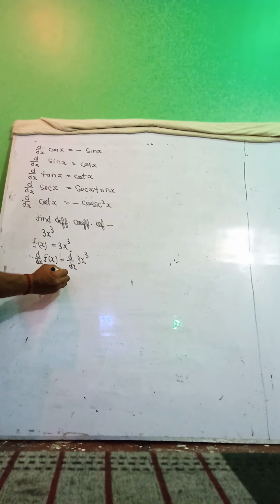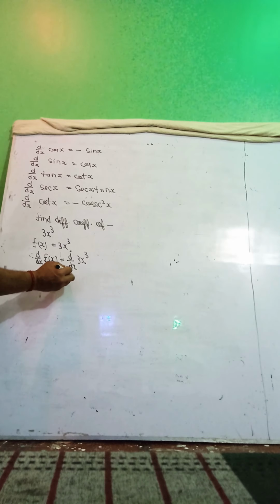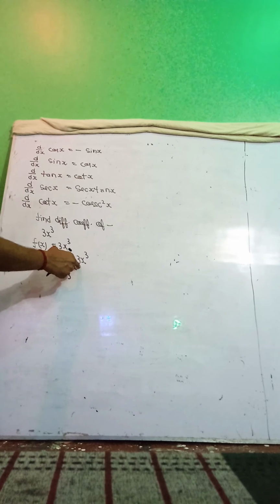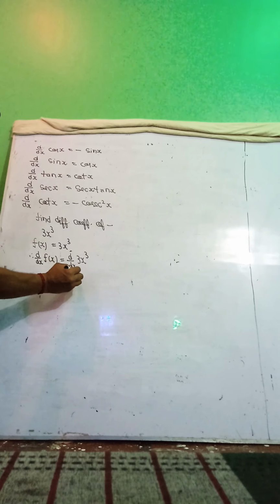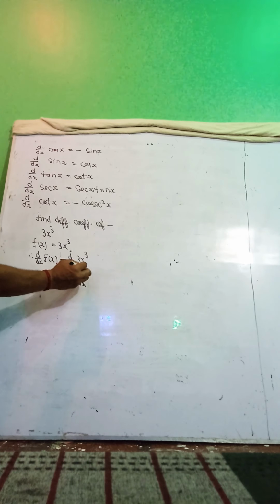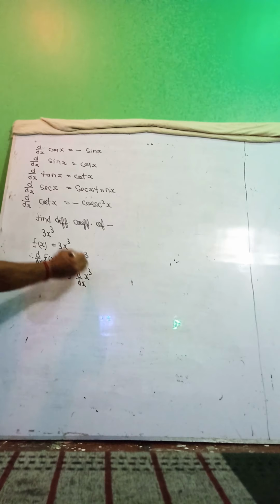is equal to, we may write here 3 because 3 is constant, into d/dx x cube.